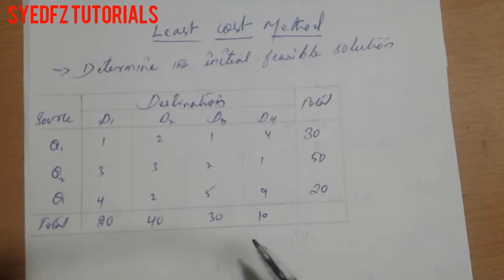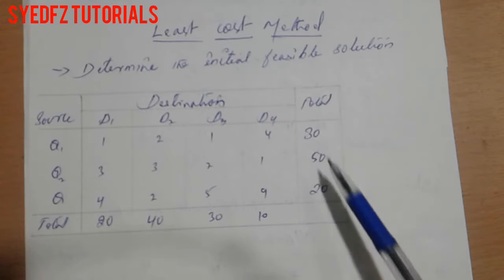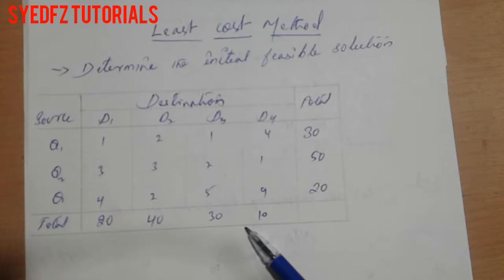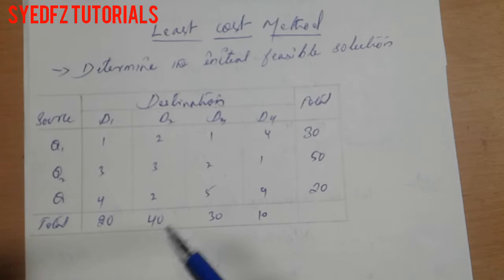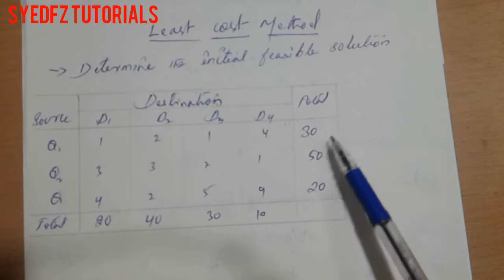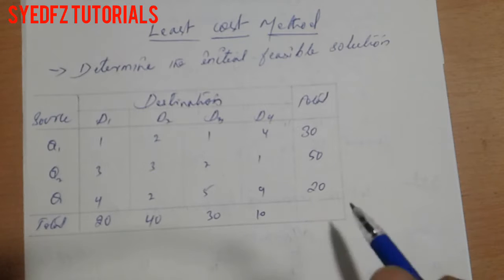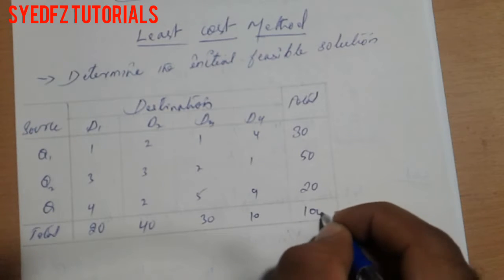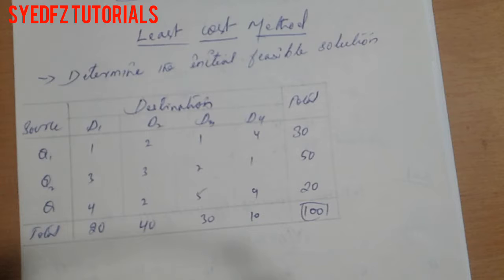Before starting the problem, first we have to calculate the supply and demand, whether it is balanced or imbalanced. 20, 40, 60, 90, 100; 30, 50, 80, 100. It is 100, so it is the balanced one.